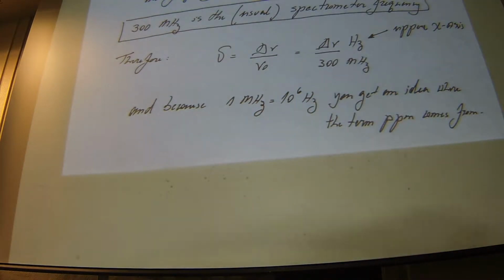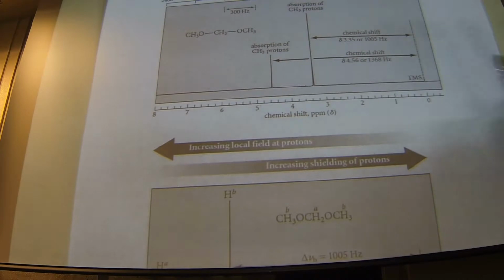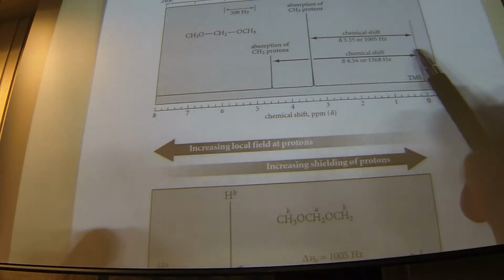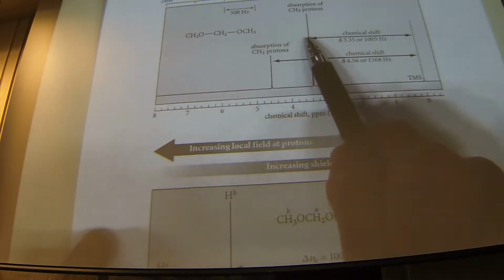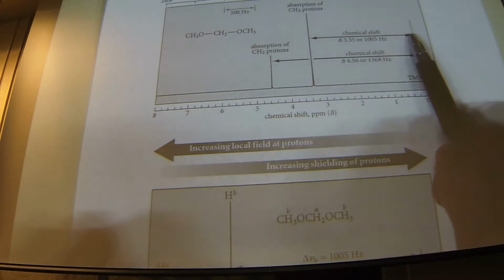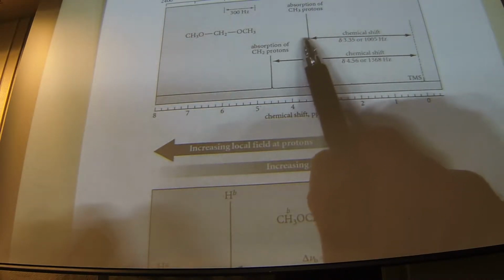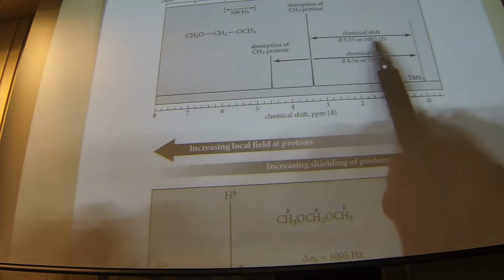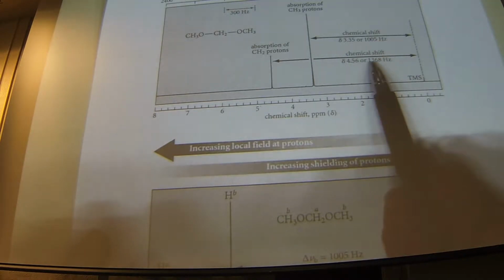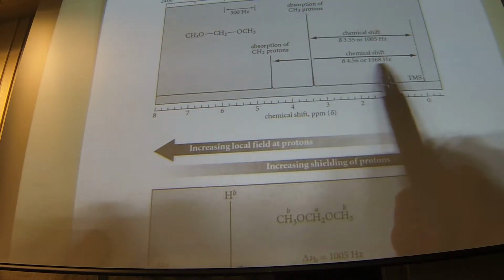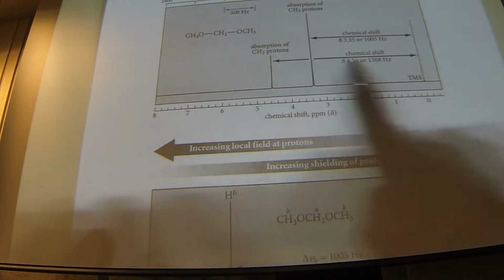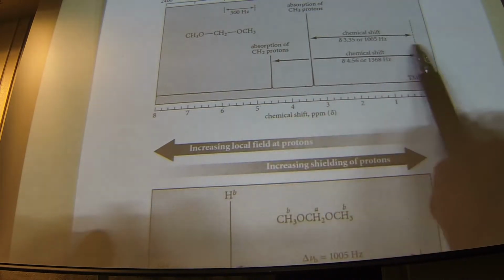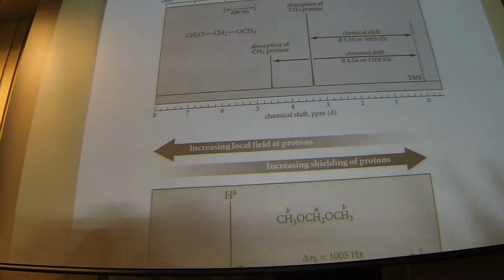Well, the difference of frequency is the difference between the frequency where TMS comes and the frequency of your peak. So 0 minus whatever this is, about 1,000 hertz for this one, and the difference here is about 1,360 hertz for the other one. So delta nu is that difference in frequency.